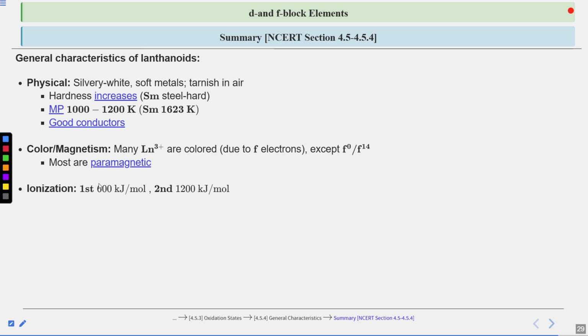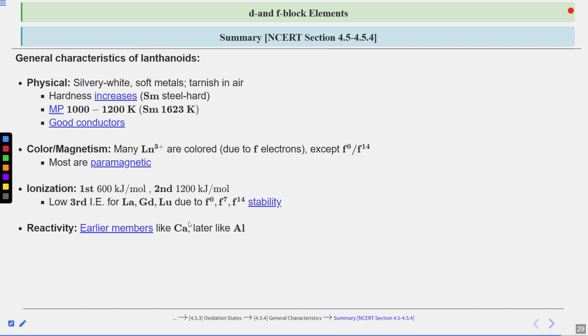Ionization: the first ionization value of lanthanoids is 600 kilojoule per mole, and the second one is 1200 kilojoule per mole, twice that. And the third ionization enthalpy is lower for lanthanum, Gd gadolinium, and Lu lutetium, due to the stability of f0, f7 and f14 configurations respectively. Because f0 is empty, it will attain a noble gas configuration, f7 is half filled, and f14 is fully filled.